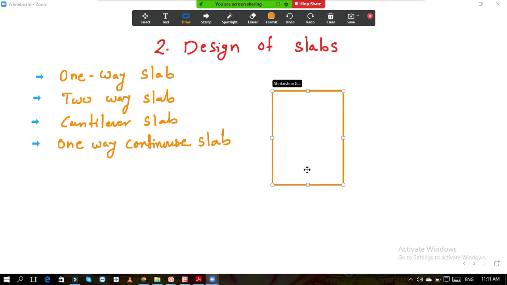The length in the x direction of the slab, parallel to the x-axis, is called Lx, and this length is called Ly. When this ratio Ly by Lx is greater than 2, then the slab is known as a one-way slab.